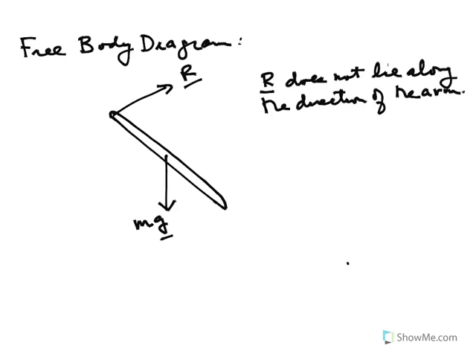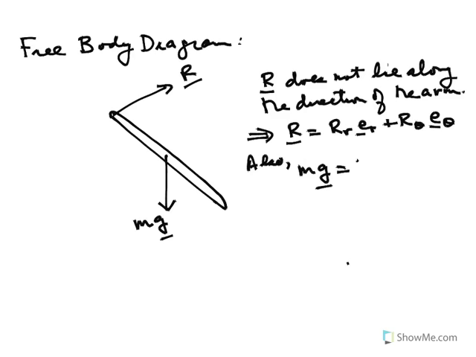So as a result, R has two components, R_r e_R plus R_theta e_theta. And the force of gravity is equal to mg times e_x, because e_x is in the downward direction.